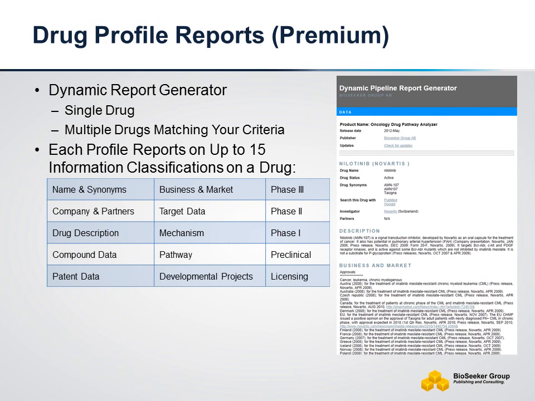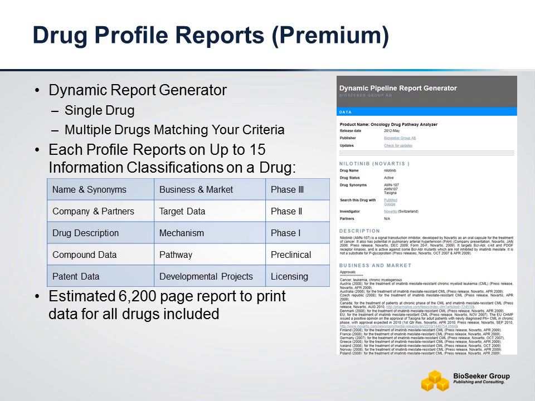Each profile reports on up to 15 information classifications on a drug, including name and synonyms, company and partners, drug description, compound data, patent data, business and market, target data, mechanism, pathway, developmental project, phase 3, phase 2, phase 1, and preclinical information, as well as licensing information. It is estimated that it will take around 6,200 pages to print all data for all drugs included.